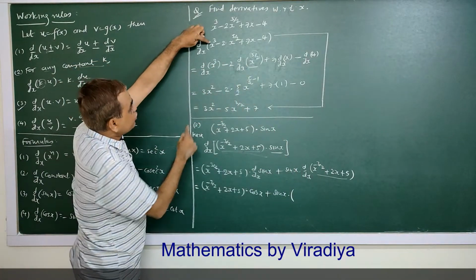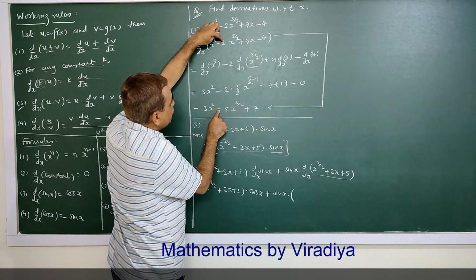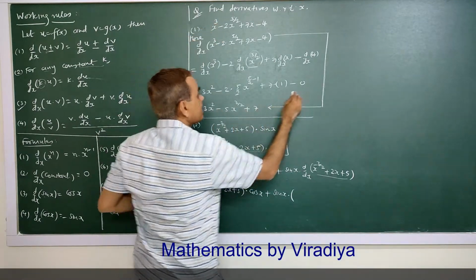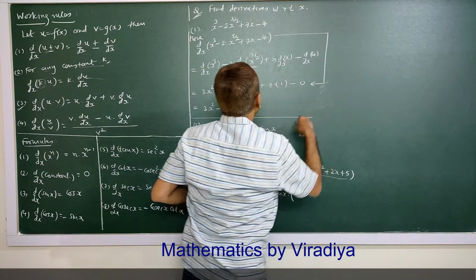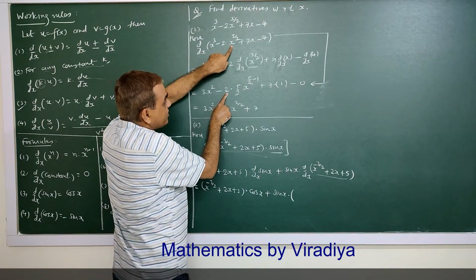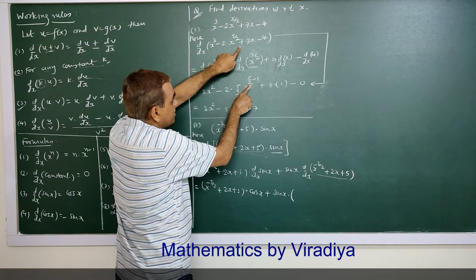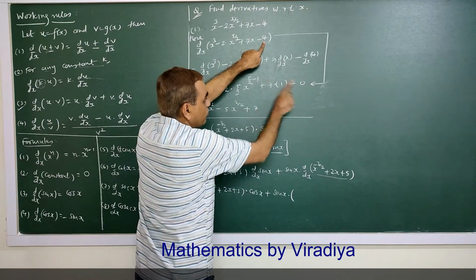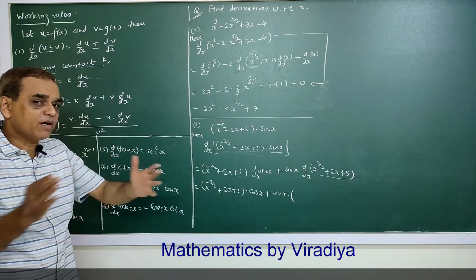See, derivative of x cube is 3x square, minus 2 into derivative of x raised to 5 by 2, which is 5 by 2 into x raised to 5 by 2 minus 1, plus derivative of 7x is 7 into 1, then 0. So directly we can put the derivatives if the function is simple.